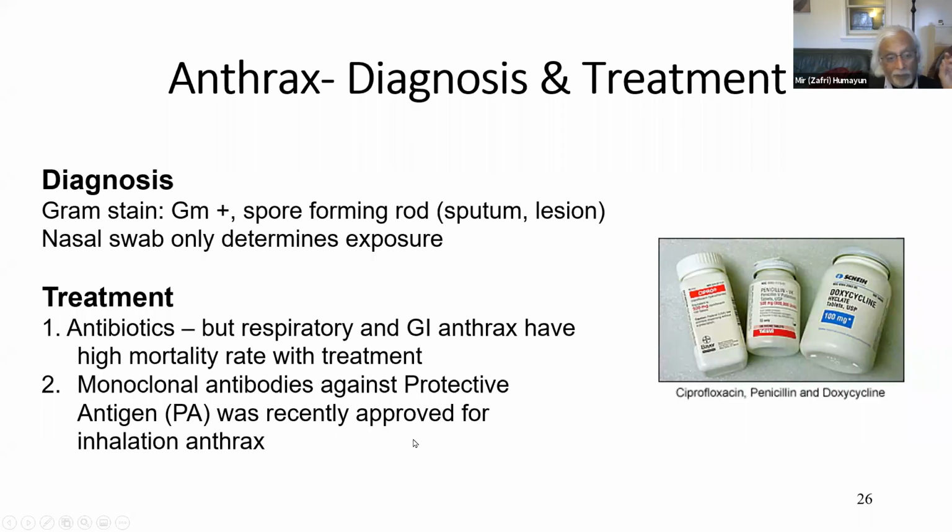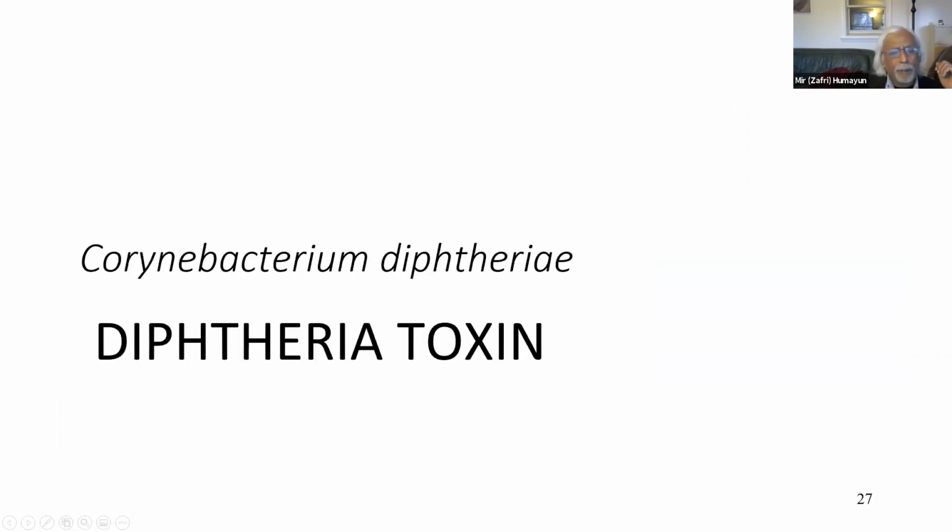A monoclonal antibody against protective antigen was recently approved for inhalation anthrax. However, its effectiveness is still not known. Anthrax is not a very common disease, obviously. All right, now we move on to the next toxigenic bacterium, which is Corynebacterium diphtheriae.